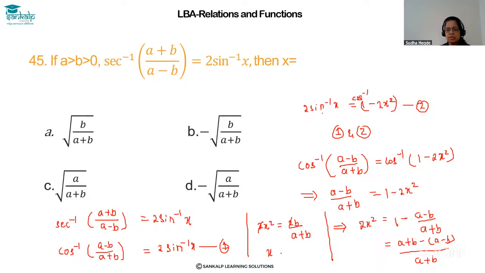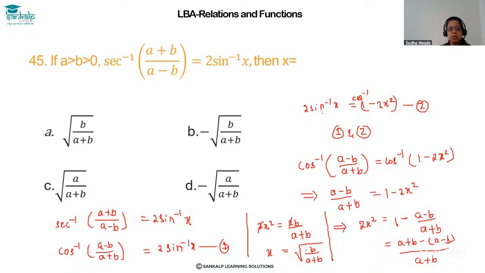Therefore, x is equal to square root of b divided by a plus b. Since both a and b are positive, you have to take the positive value.